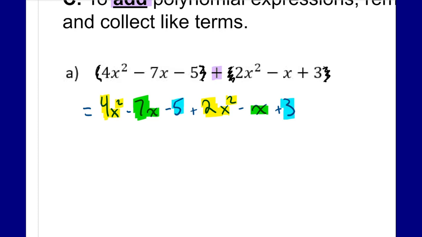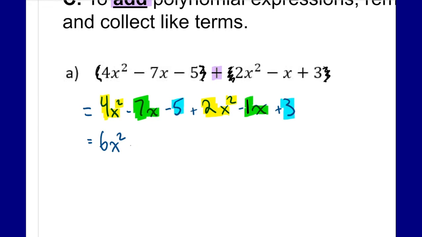Now that you've identified your like terms, we have to go through and collect them. So 4x squared plus 2x squared. 4 of something plus 2 of something gives me 6 of something. Minus 7x, or negative 7x, minus, again, no coefficient, so we assume that it's a 1. So minus 1x.